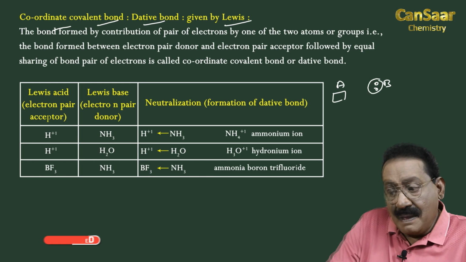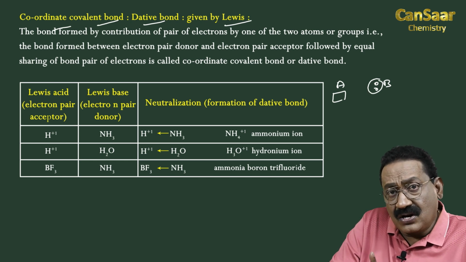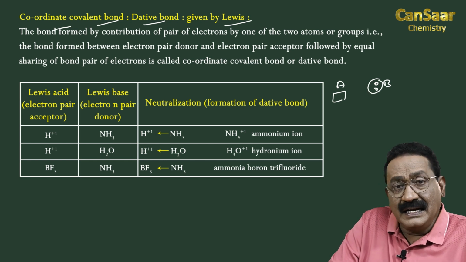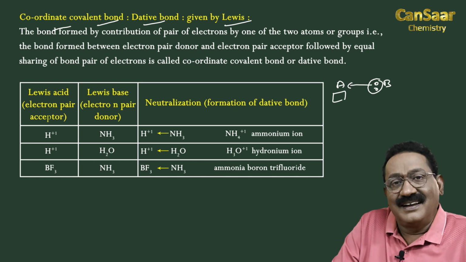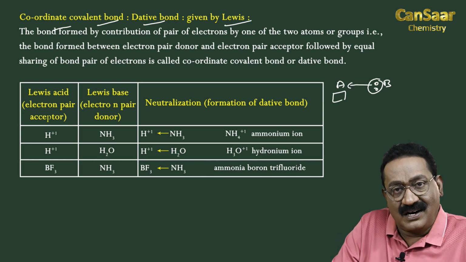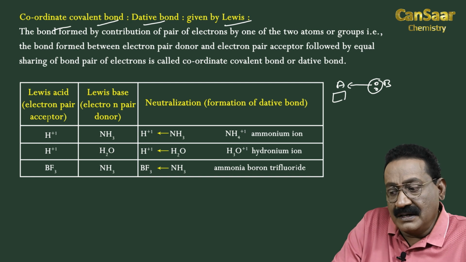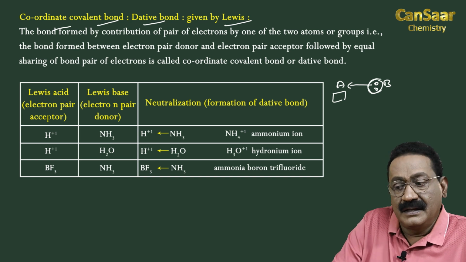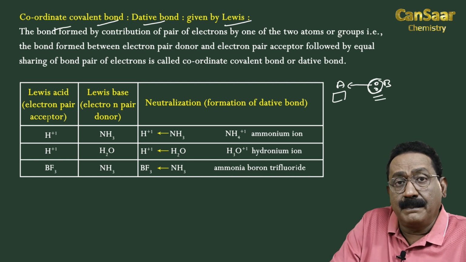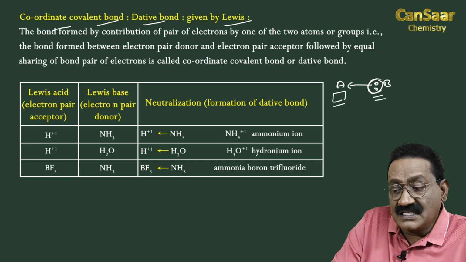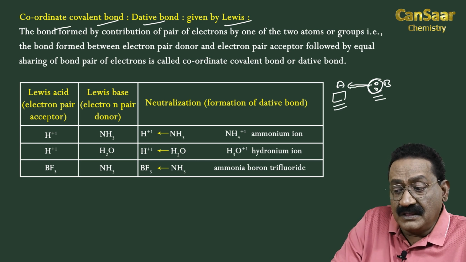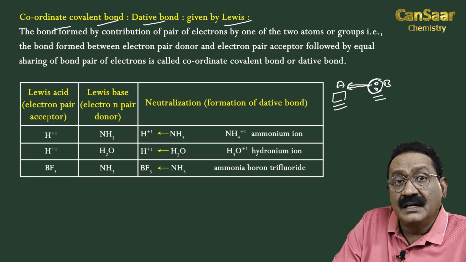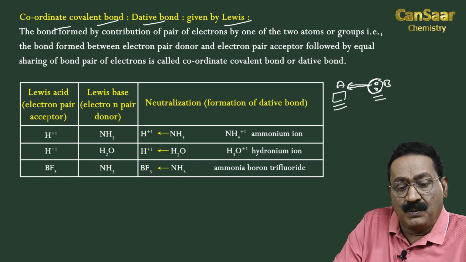B acts as electron pair donor and A acts as electron pair acceptor. The required pair of electrons for the formation of the bond is supplied by B. Hence it is called electron pair donor, and A is correctly called electron pair acceptor, and the bond formed between A and B is called a coordinate covalent bond or dative bond.